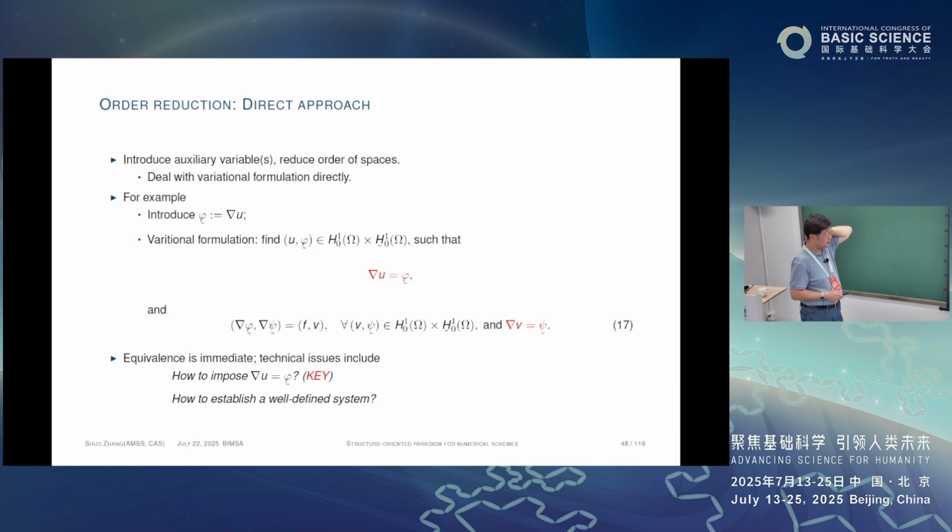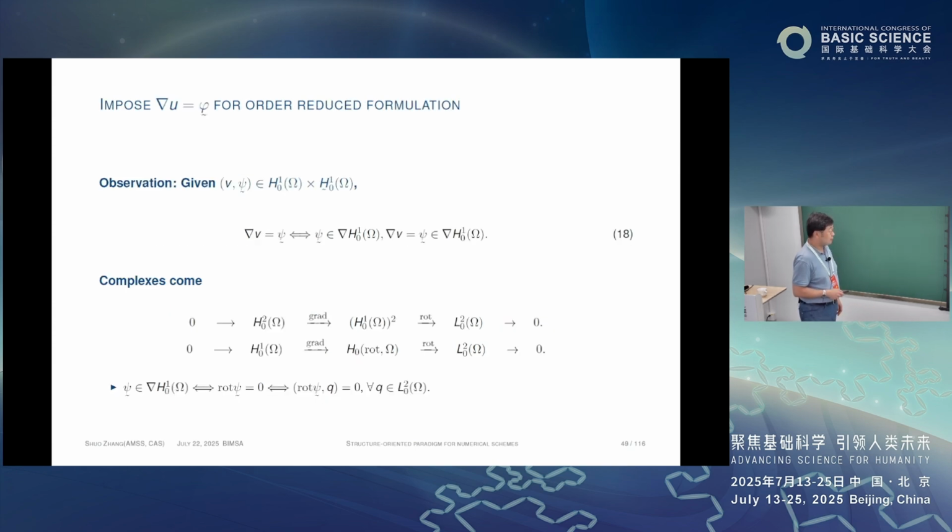Then the problem is reformulated as: find u and phi in H1 and H1 such that gradient u equals phi and (gradient phi, gradient psi) equals (f, v), where v and psi satisfy gradient v equals psi. We just formulate the problem as an expanded system. The point is how to impose gradient u equals phi.